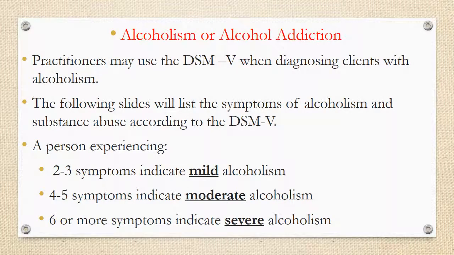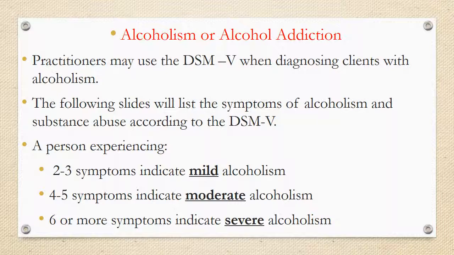In order to describe alcoholism or alcohol addiction to you, I've decided to use the DSM-5, which is often used when diagnosing clients with alcoholism. The following slides will list the total symptoms of alcoholism and substance abuse according to the DSM-5, and there are different levels of alcoholism.